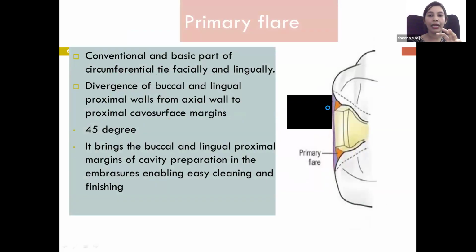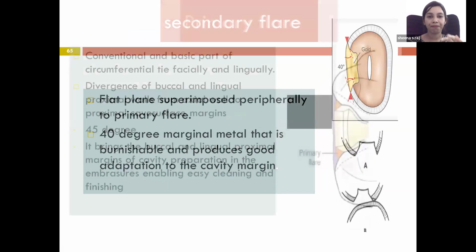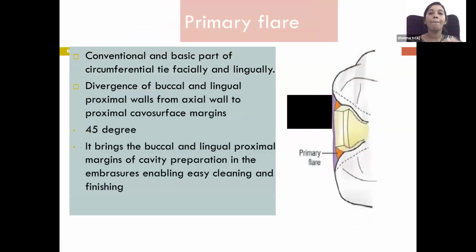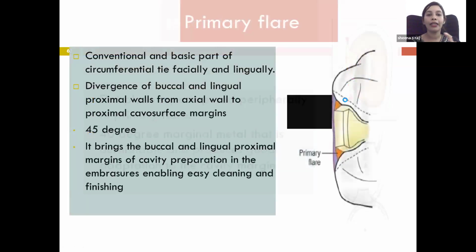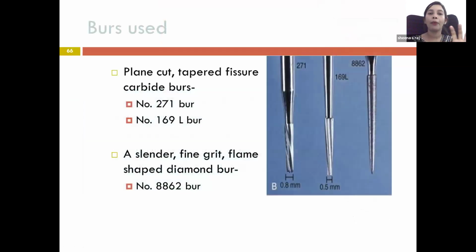As you can see in this image, primary flares are the basic part of a circumferential flare, and they diverge on the buccal and lingual aspect at an angle of 45 degrees, that you have to keep in mind, and they form a buccal and lingual proximal cavity which helps in proper cleaning and finishing. Talking about the secondary flare, that is outside, a superimposition to the primary flare. It is at an angle of 40 degrees. This was 45, that was 40 degrees for proper adaptation.